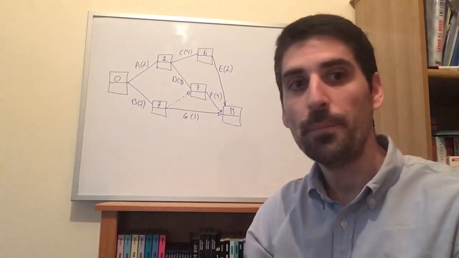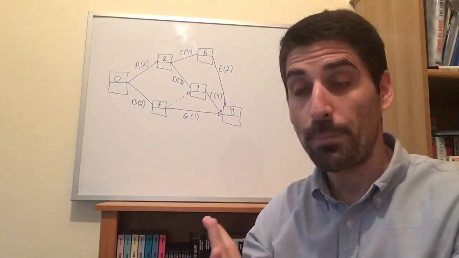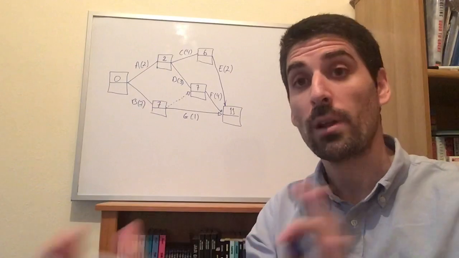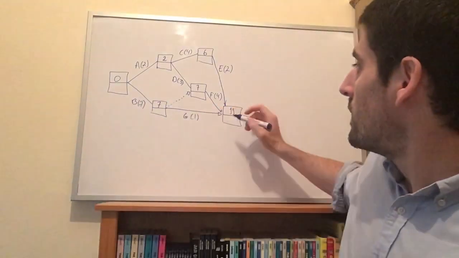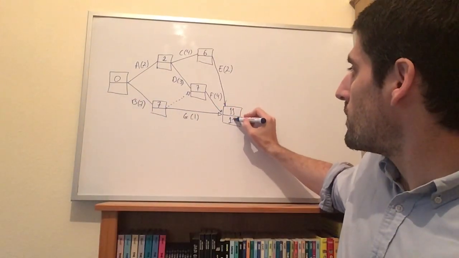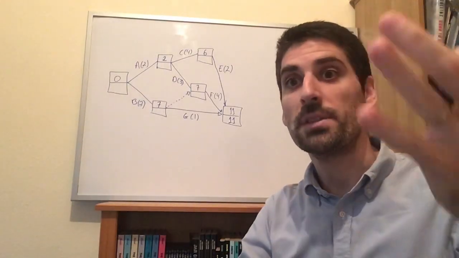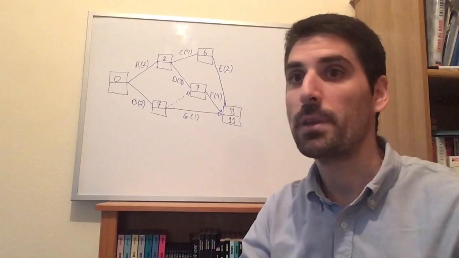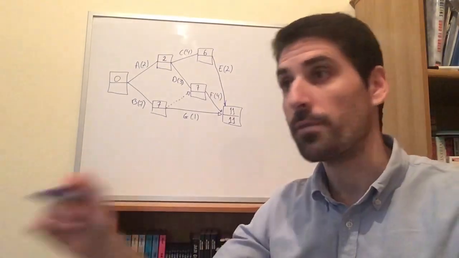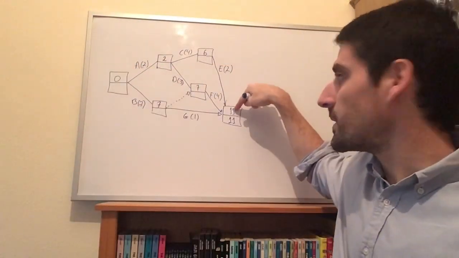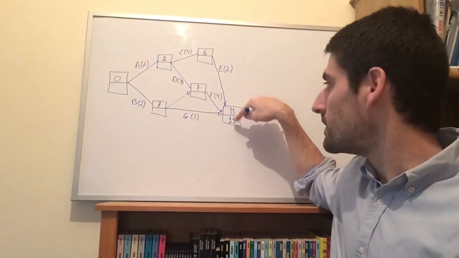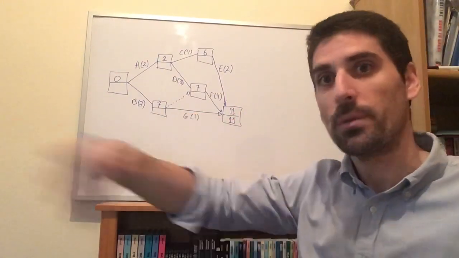So we're going to perform what's called the backwards pass, so we're going to work our way backwards. Your early event time and your late event time for the sync node has to be the same, because we don't want the project to overrun. So if that's the earliest we can run it in, then the latest we can run it in is also going to be 11. We don't want to delay the project.